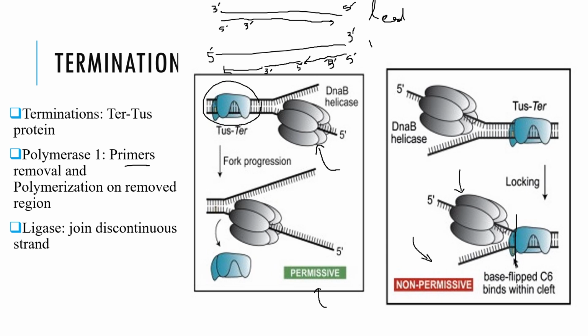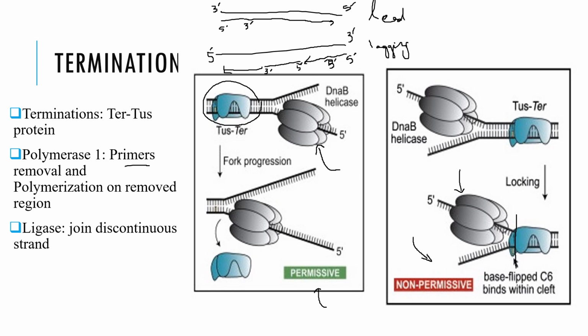So this is the lagging strand. Okay, now after the termination of DNA replication by TER-TUS protein, next is the removal of primer.